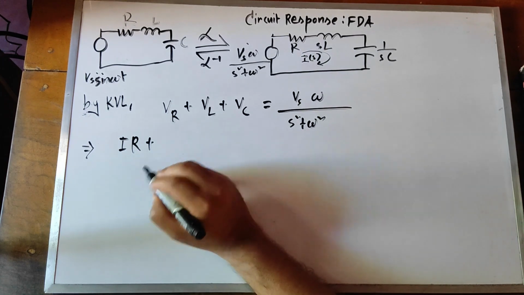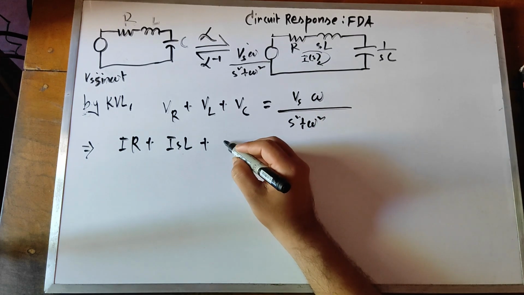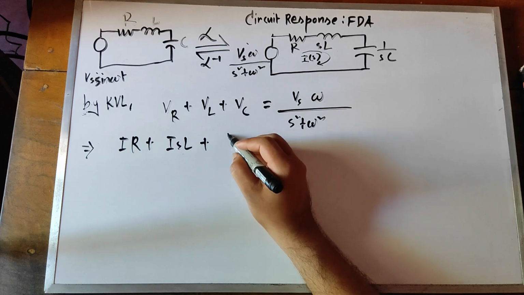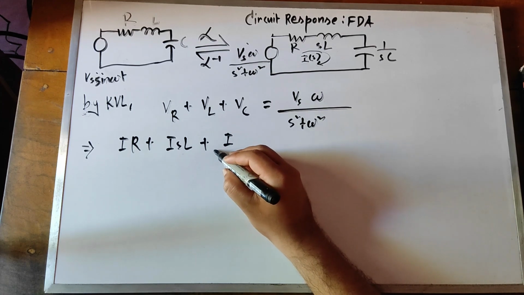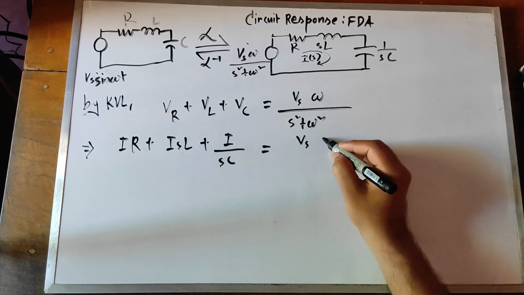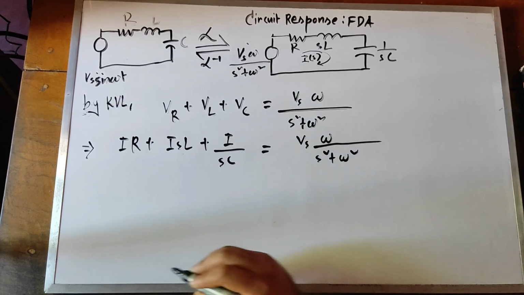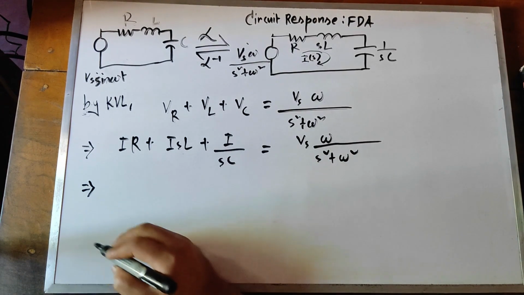So Vs is IR plus VL is I s L plus VC is I by sC, which equals Vs omega by s square plus omega square.